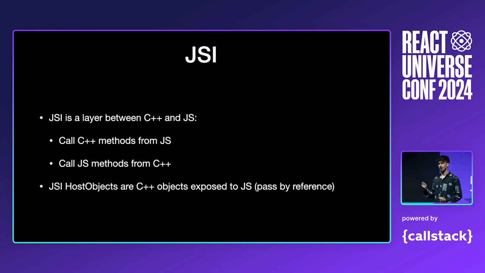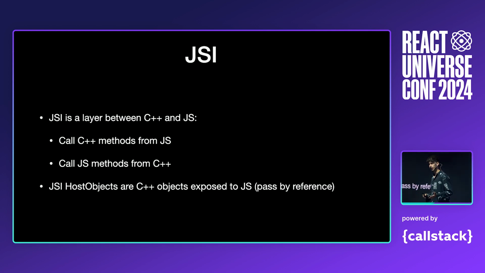Who here knows what JSI is? I think everybody does, right? OK, a few people don't know it. So JSI is a layer between C++ and JavaScript. You can write some C++ code and call it from JavaScript, and you can write some JavaScript code and call it from C++. Pretty simple. And then there's the concept of JSI host objects, which are C++ objects.